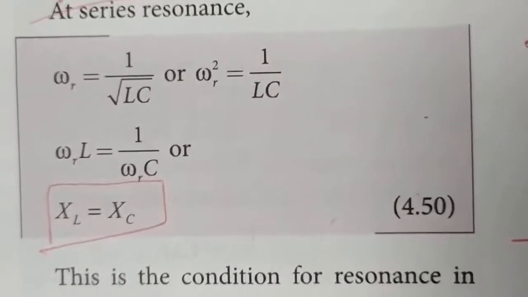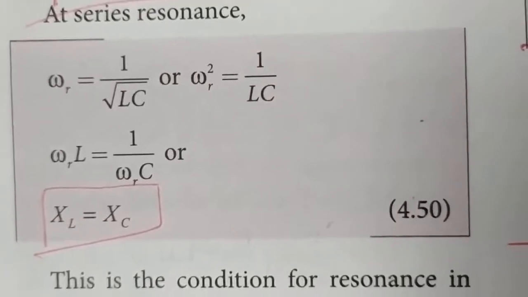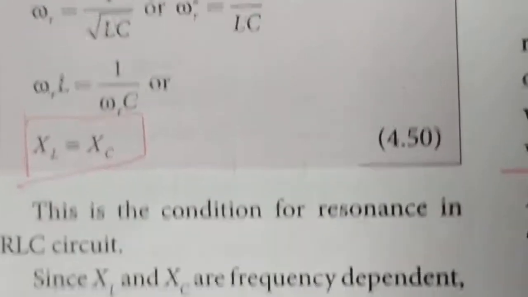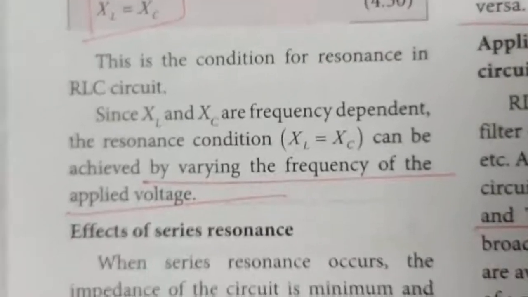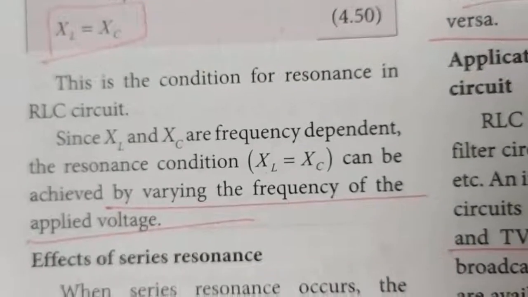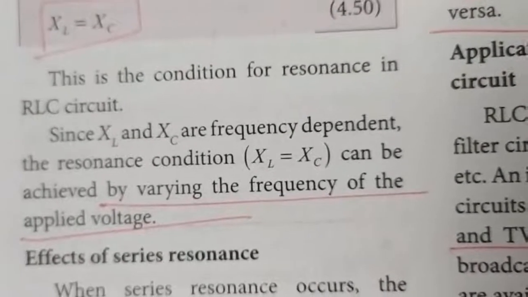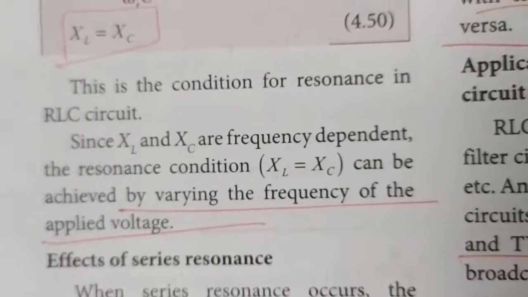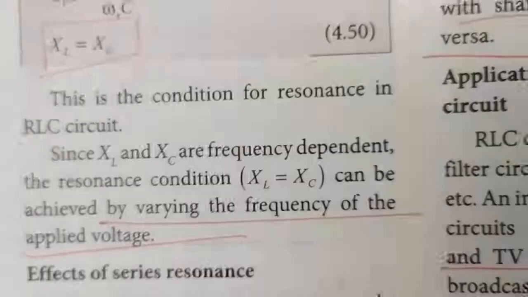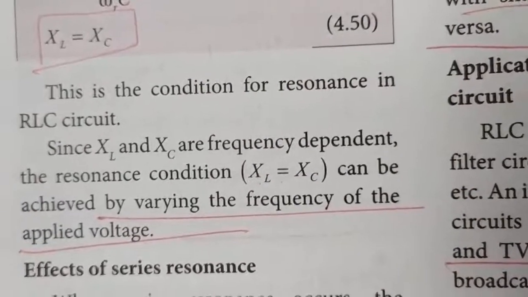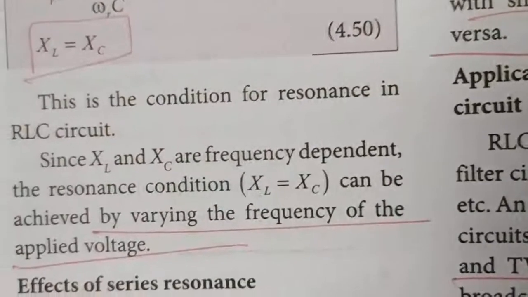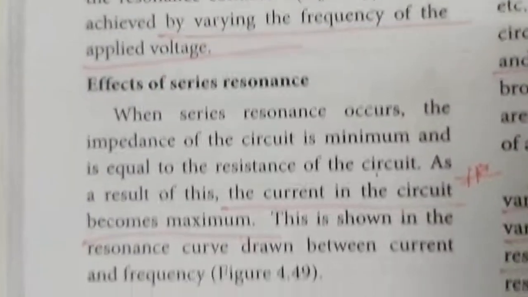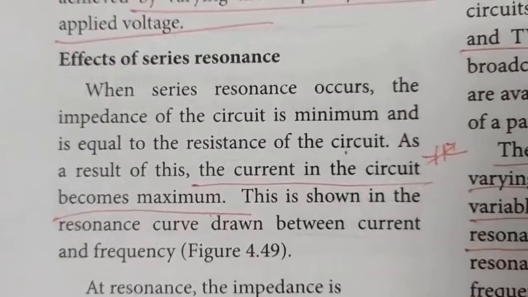So inductive reactance must be equal to capacitive reactance at series resonance, and this is the condition for resonance circuit. And so this is very important, that is XL must be equal to XC. Since they are dependent on frequency, by varying frequency you can get the condition as XL is equal to XC.